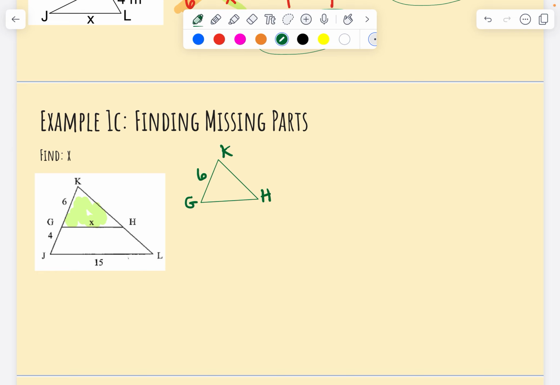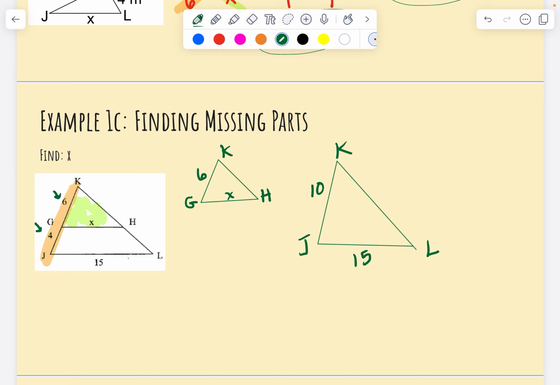GKH, and that's 6, and this is X. And then if we look at our bigger triangle, JKL, and if I look from J to K, this whole thing is 10, because we have 4 and 6, so all of JK is 10. And I know JL is 15.